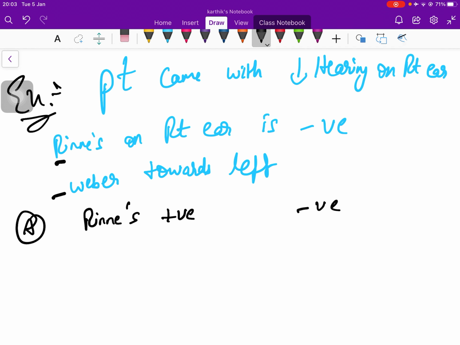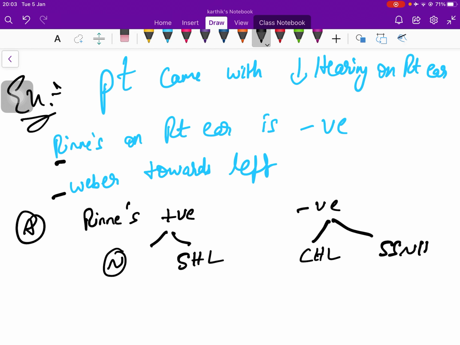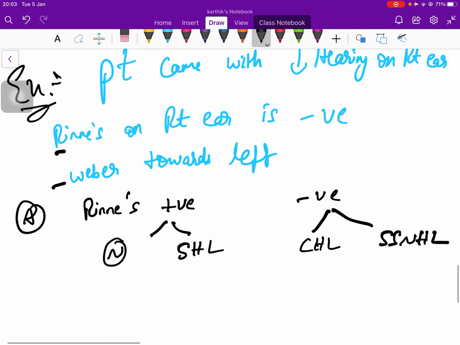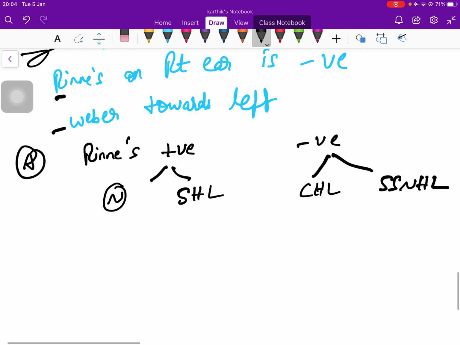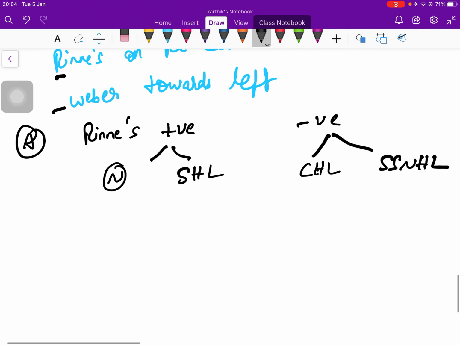Rinne's is positive or negative. Positive is seen in normal or sensory hearing loss. Negative is seen in conductive hearing loss or severe sensory neural hearing loss. And Weber given was towards left.